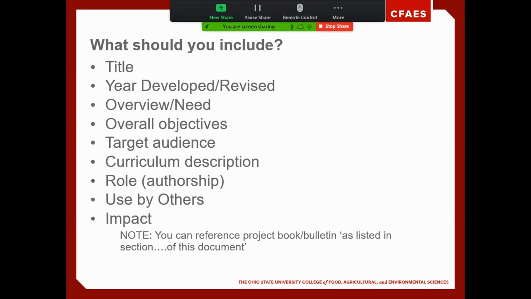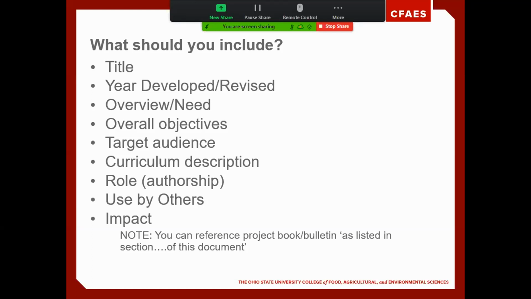What is my role? On the Vita, it asks, what's your percent contribution? Well, if you're on a team of 20, your contribution is going to be much smaller than if you're on a team of 5. So really think about that and make sure that everyone talks ahead of time before everyone fills out their Vita, to make sure that your role is accurate and accountable when and if it should be checked on.